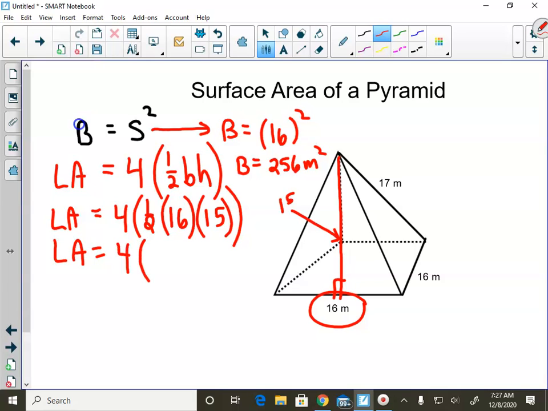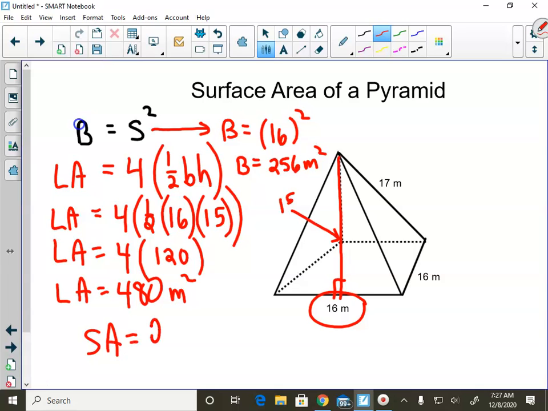We know half of 16 is 8, and 8 times 15 is 120. So our lateral area is going to be equal to 480 meters squared, which means our surface area is going to be equal to 256 meters squared plus 480 meters squared.